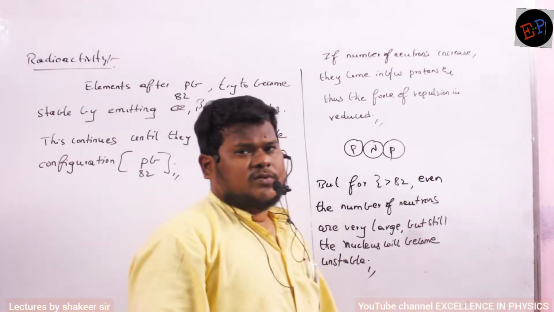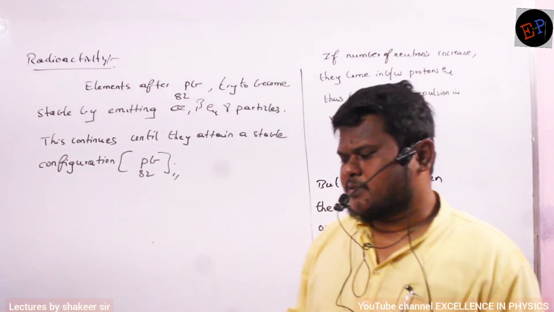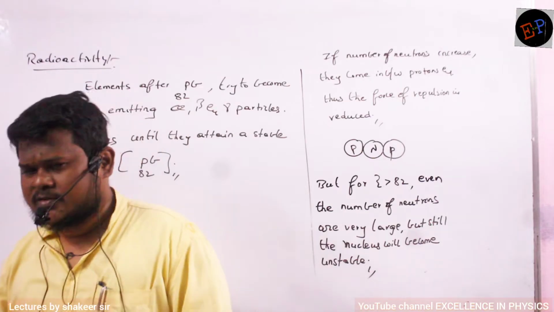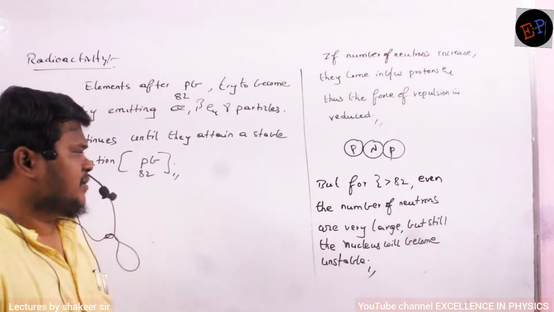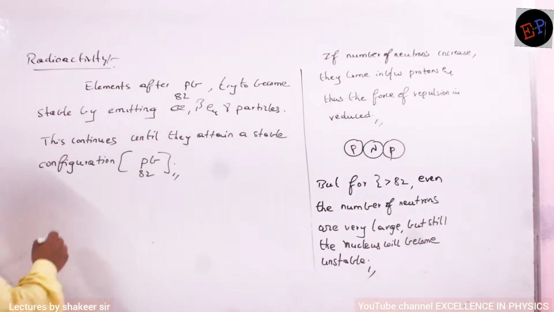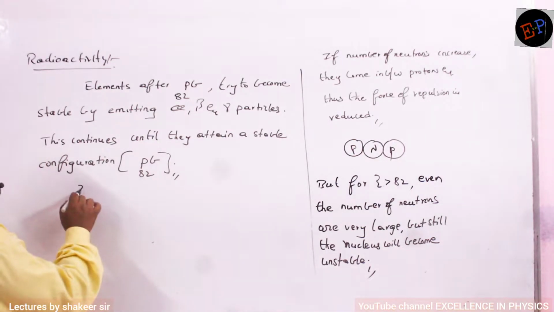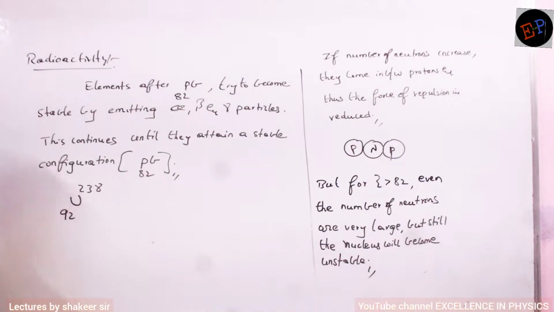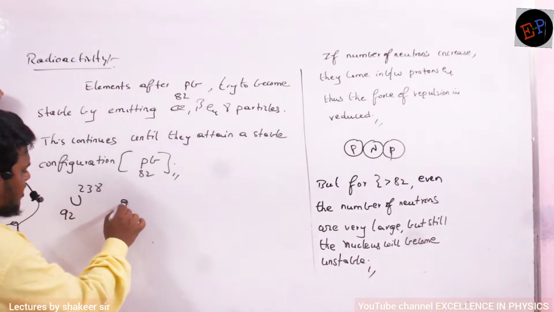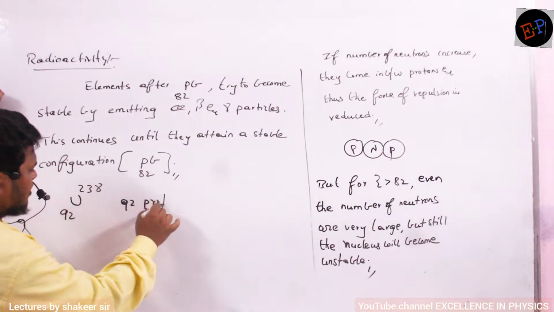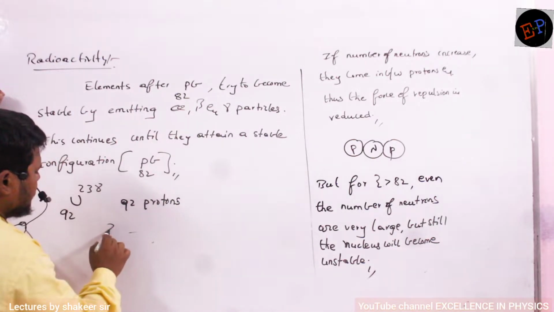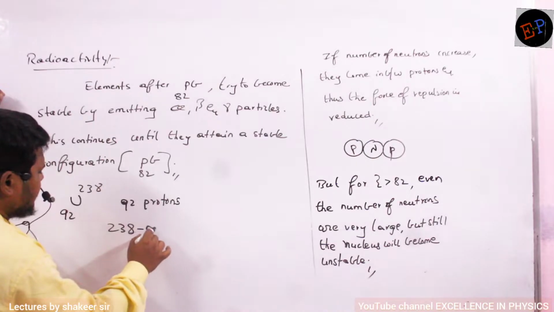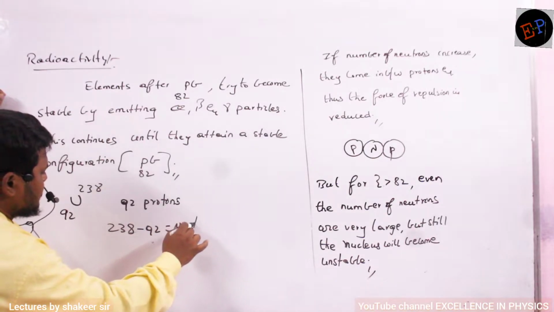So any radioactive element, why is it emitting alpha, beta and gamma radiations? It is emitting these radiations only to become stable. That's it. For example, if you take uranium 92-238, what is the meaning of uranium 92-238? It means 92 protons are present and 238 minus 92 neutrons are present.